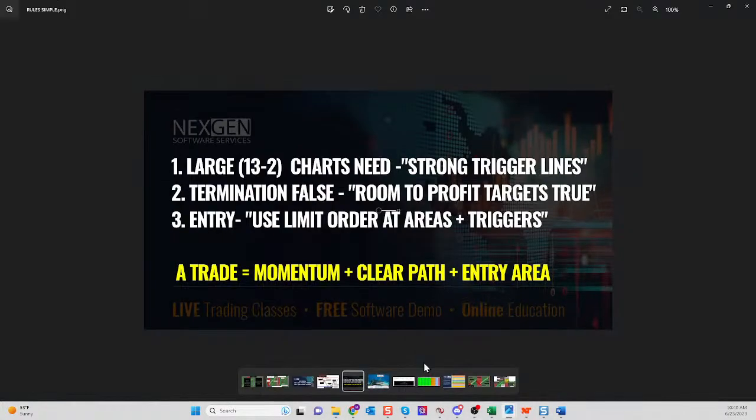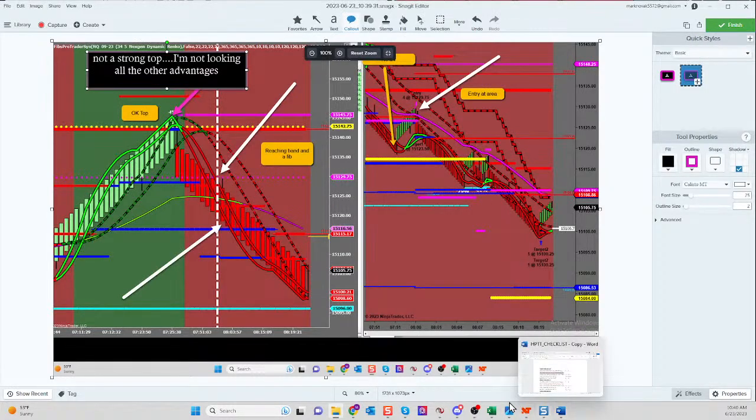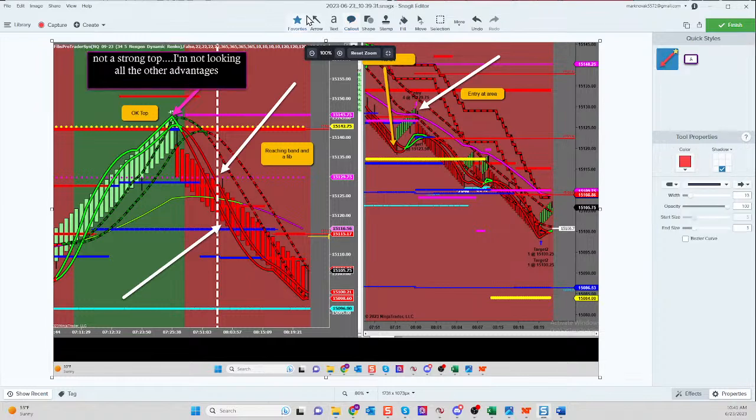These three little rules are what bring me success. So if these three rules bring me success, a strong top adds, it fuels the fire, right? A weak top can't strip how beautiful this trade is. Does that make sense?